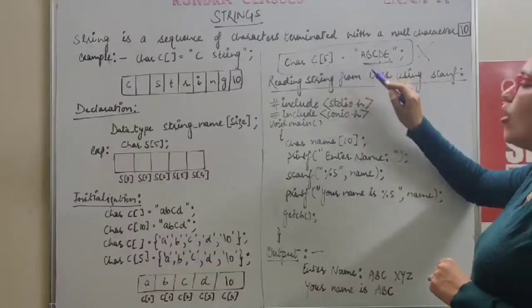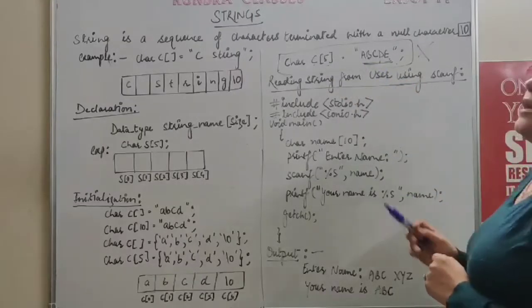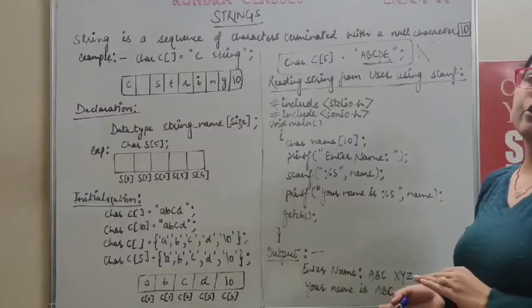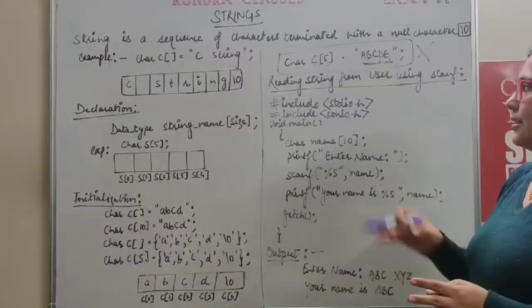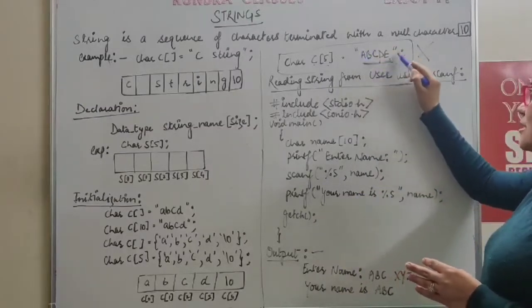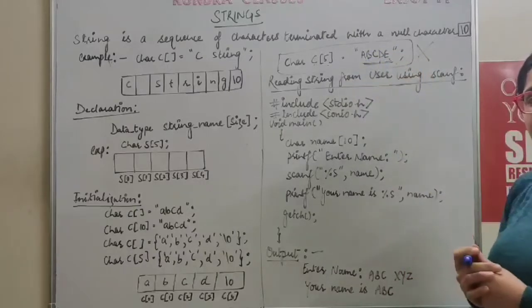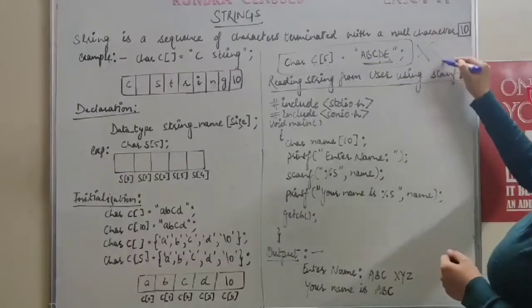So this is wrong initialization. Do remember the size should match the string size. The size of the initializing string should match the string size, otherwise it will be incorrect. So this will not work.